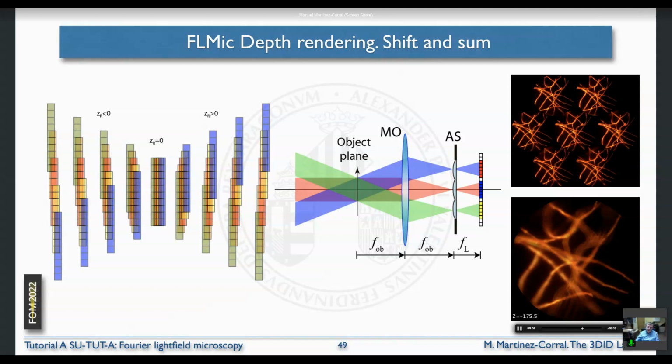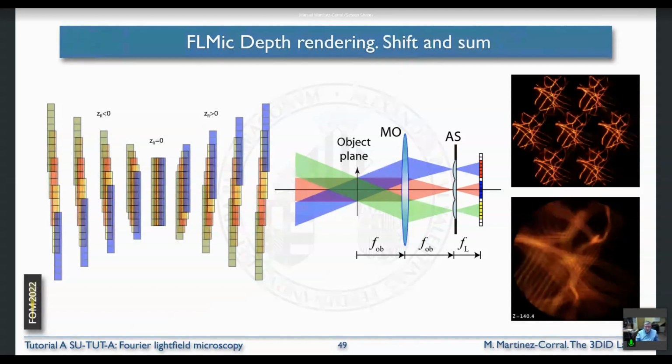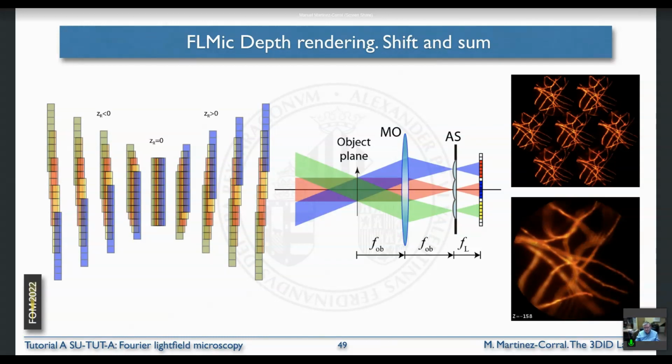So this depth rendering is made with the same algorithm I showed you before, but adapted to this case in which the images obtained are orthographic.